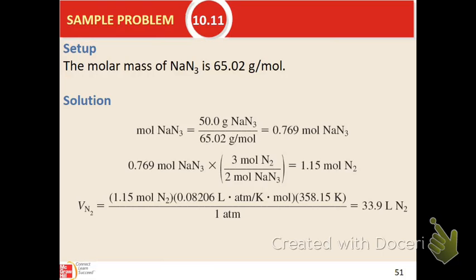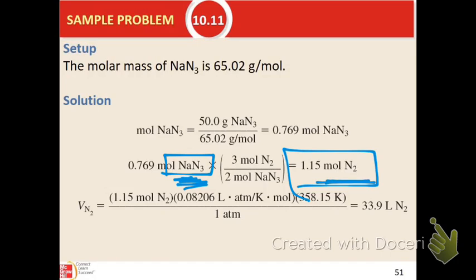Use your balanced chemical equation coefficients to change from moles of sodium azide to moles of nitrogen, because we can't find how many liters of this. It's not a gas, it's a solid. We can find how many liters of nitrogen because it's a gas. So we're going to find out how many moles of nitrogen gas are generated, okay?